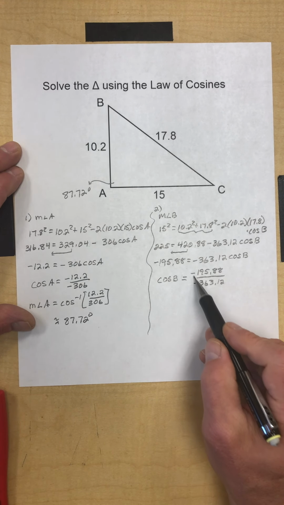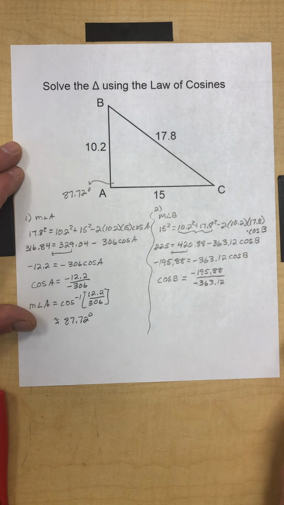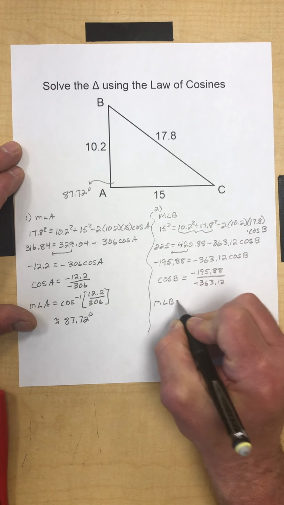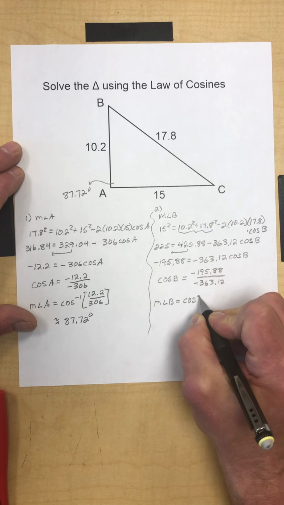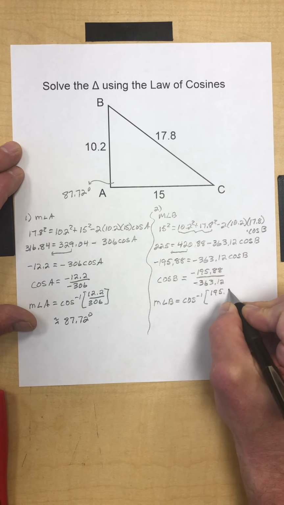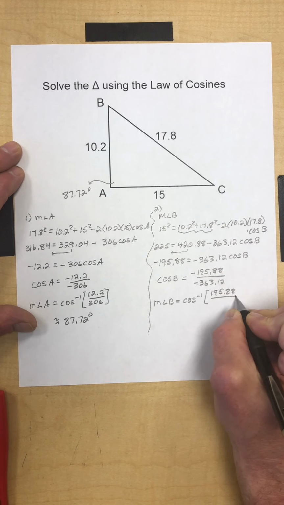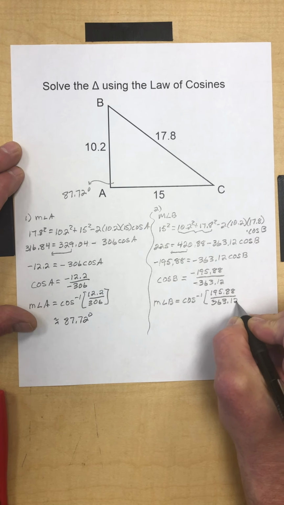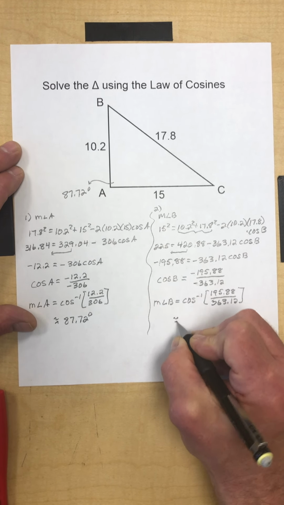And obviously, both the numerator and denominator are negative, so they cancel each other out, so I'll just drop them. So the measure of angle B is cosine inverse of 195.88 divided by 363.12. And then we just punch that into our calculator.